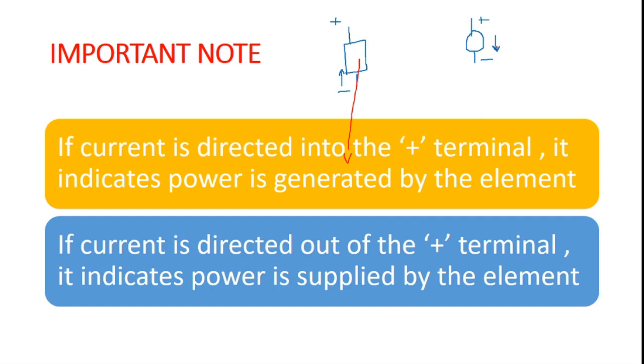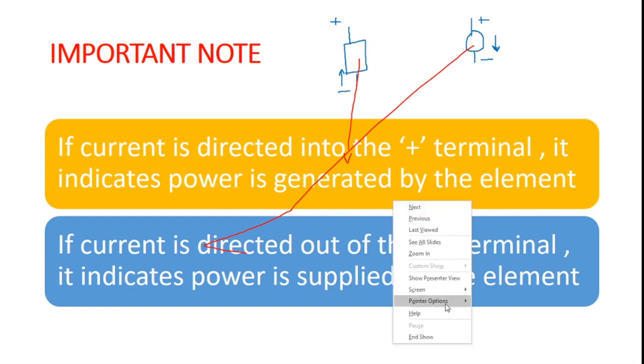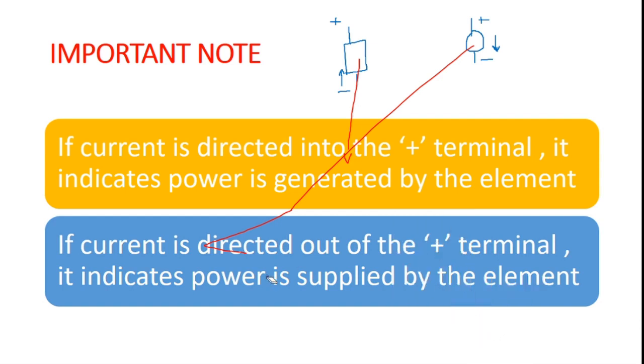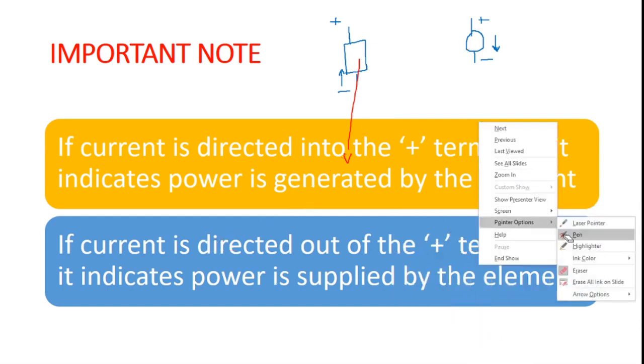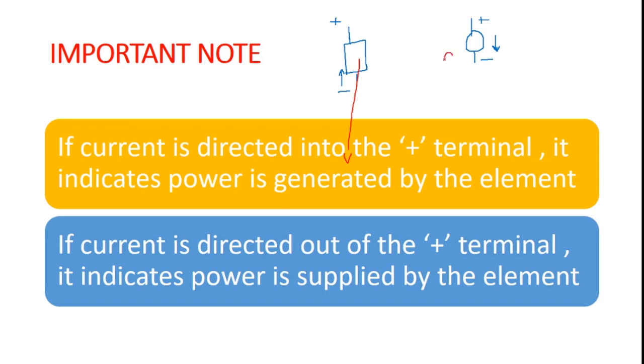Whereas when the current is directed out of the particular terminal, this element absorbs all the power and only the balance power comes out of the element. So when it is coming out, it will absorb. When it is coming into the positive terminal, this will generate the power.